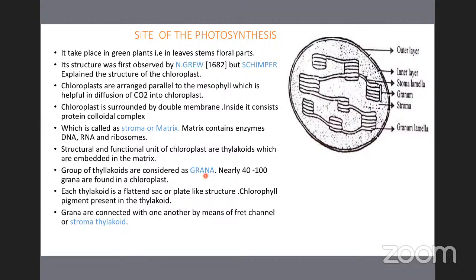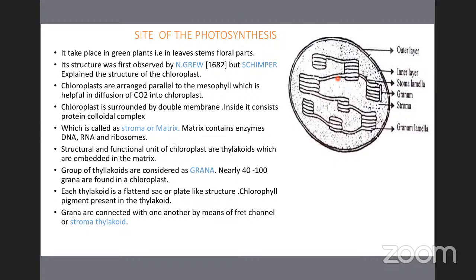Nearly how many groups are visible in a single chloroplast? 40 to 100 grana groups are present or visible in this stroma or matrix.